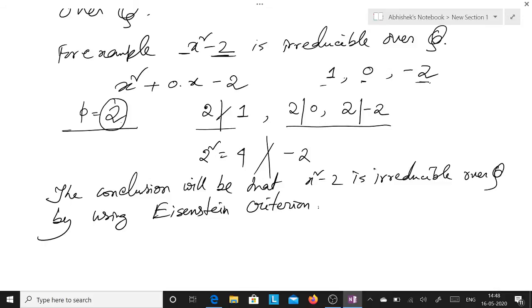And in the next session I will also cover another irreducibility test that can be considered for your exams.